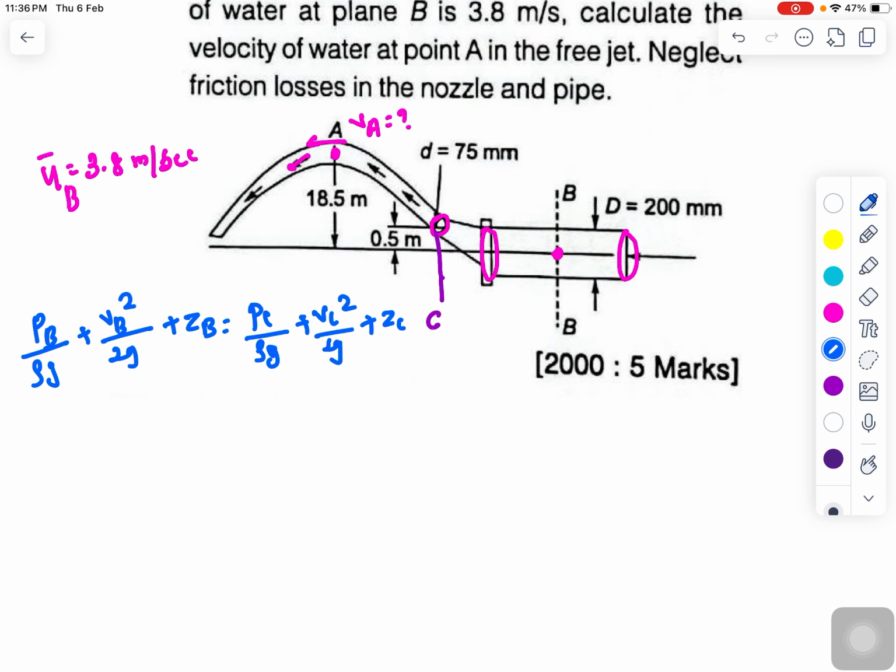So if I am assuming this one is the datum level, ZB is 0, then what is ZC? ZC will be equal to 0.5 minus 0.2. So that is how much? Because what is this height? This height will be your 0.1, I think. Yeah, so ZC is 0.1 m.